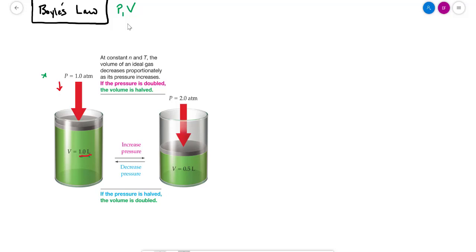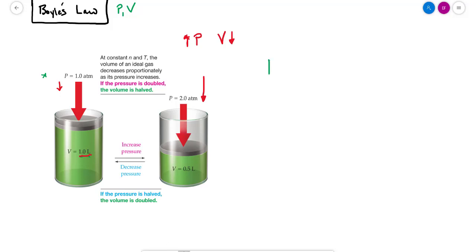But what happens if we have a piston on this thing and we can push down at double the pressure as before? What does your intuition say about this relationship? Well, hopefully your intuition says that because gases are compressible, as pressure goes up, volume goes down in an equal and opposite way. And so we can write that in terms of its algebraic relationship.